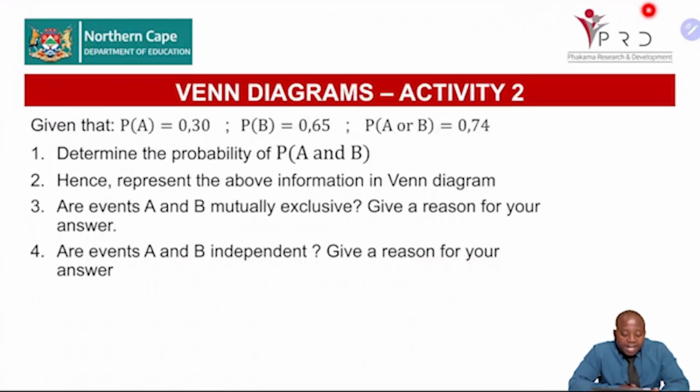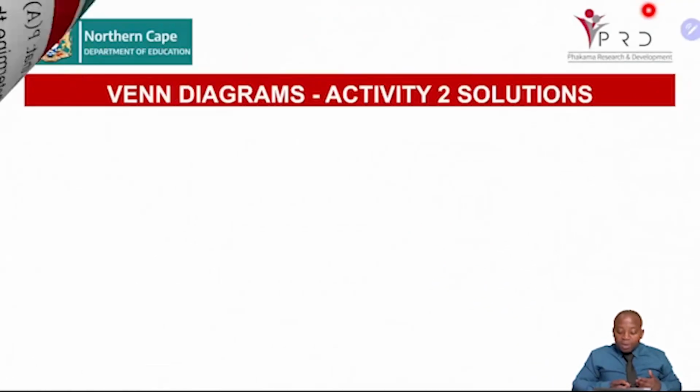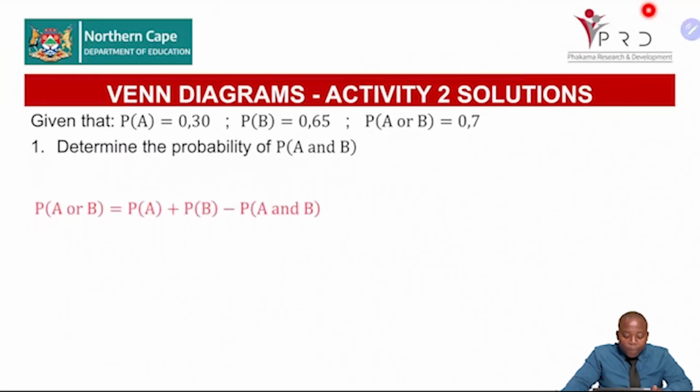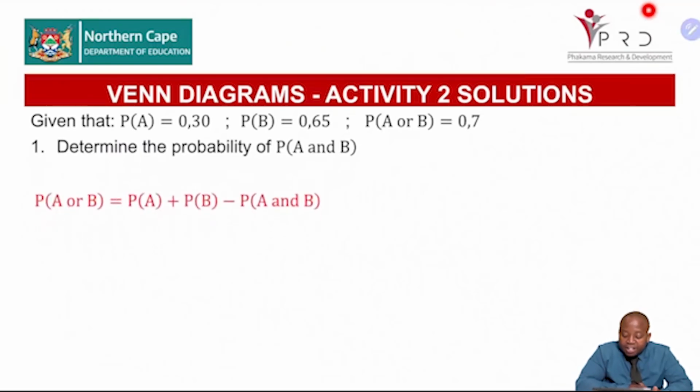Welcome back, grade 12s. Now let us look at activity number 2. We are given probability of A equals 0.3, probability of B is 0.65, and probability of A or B is 0.74. These are 3 probabilities given to us, and we are supposed to represent them in a Venn diagram. To deal with the probability of A and B, we are going to apply the addition rule.